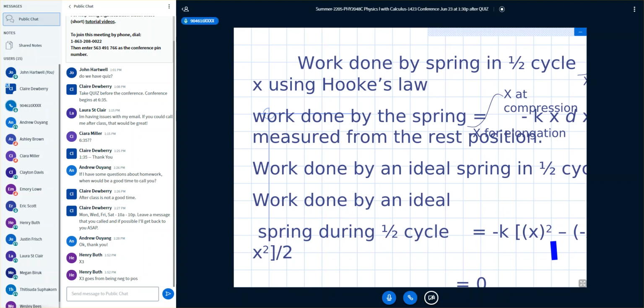This is extremely important, folks, to know that there's a -1 there. The restoring force of a spring is the tendency of the spring to return to the rest position. And if you've compressed it upward, it's going to tend to move down. If you elongate it down, it's going to try to move up.